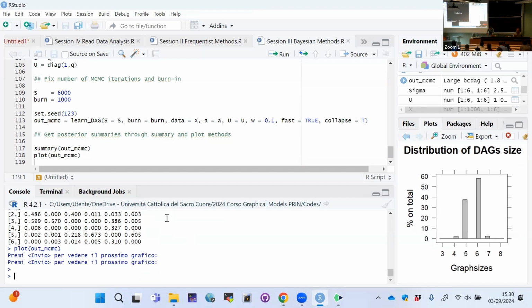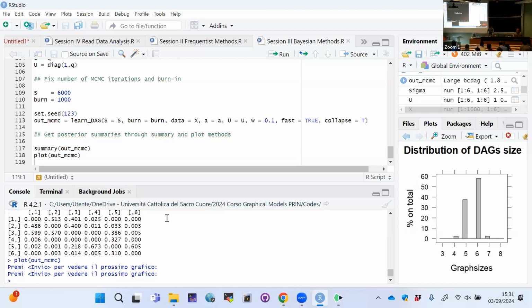This is a good point. I would say that in principle, no, there is no guarantee.